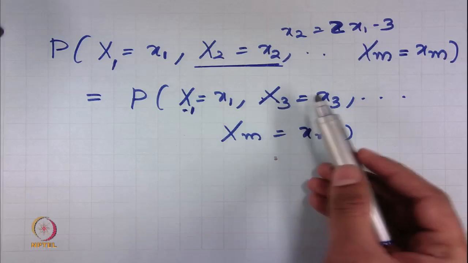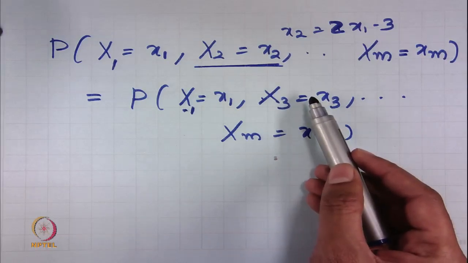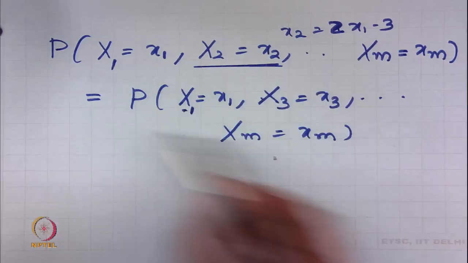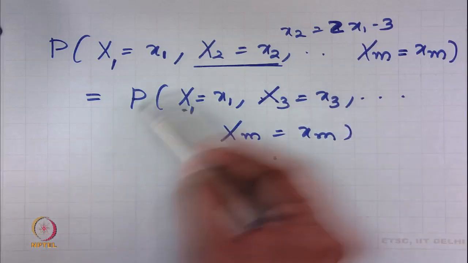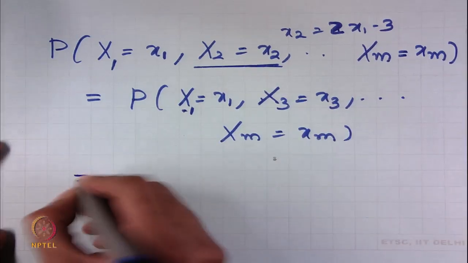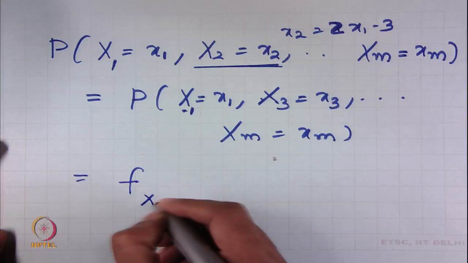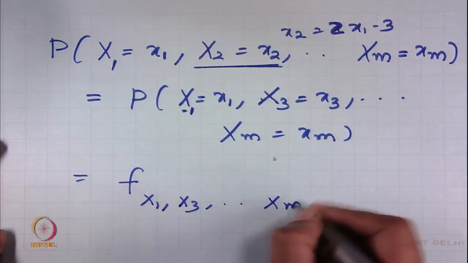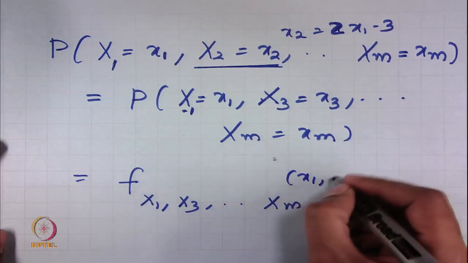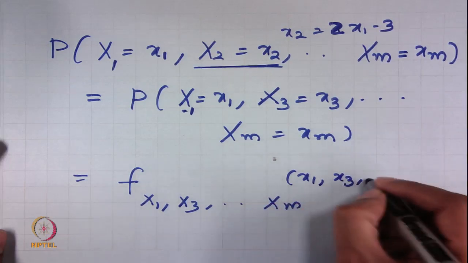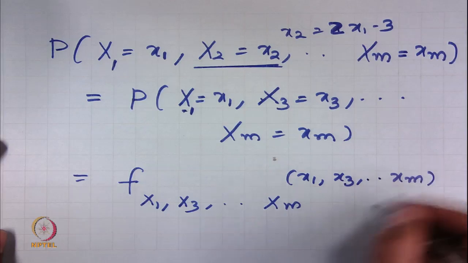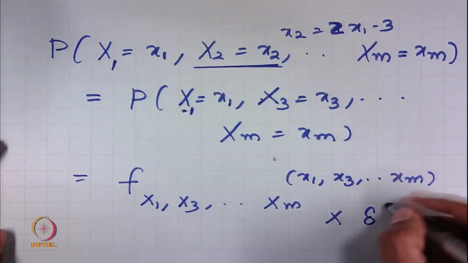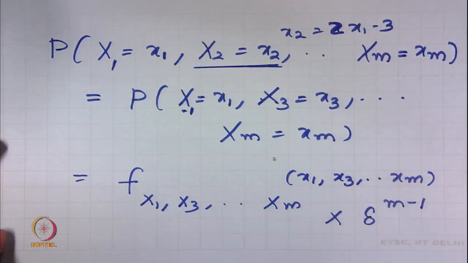Okay. And this probability can be computed from the joint probability density function multiplied by delta m minus 1.